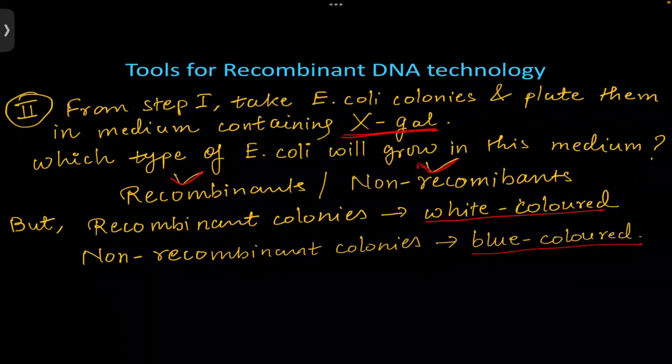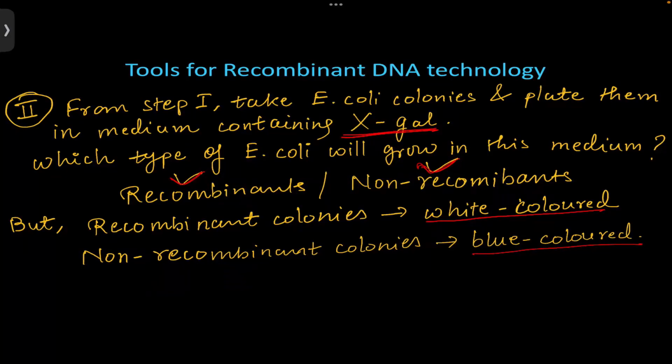Why? Because in the non-recombinants, beta galactosidase will be synthesized in those cells, and it will consume this substrate and create a blue colored product. Whereas in the recombinants, where you have inserted your gene of interest within the sequence of lacZ prime, the lacZ prime gene is inactivated, so the beta galactosidase enzyme will not be synthesized.